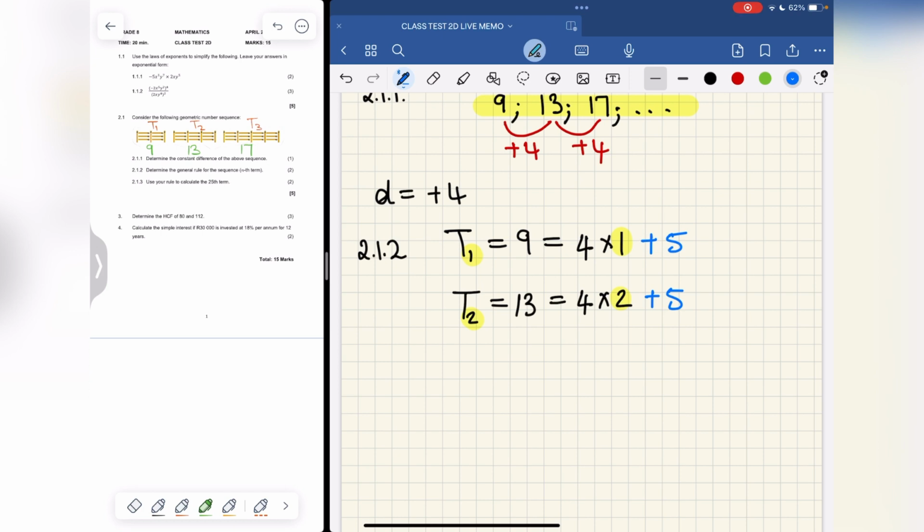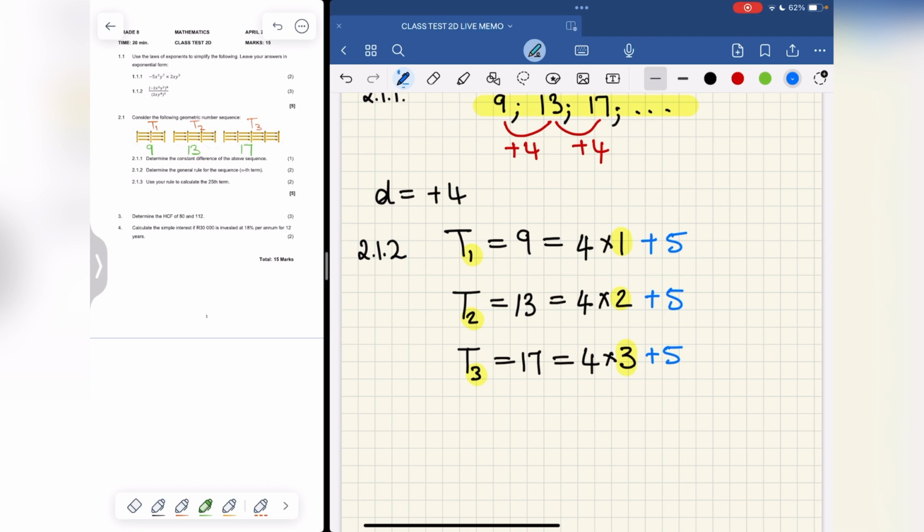And then lastly, let's do it for term 3 as well. Term 3 is equal to 17. 4 times 3 is 12, 12 plus 5 is 17.